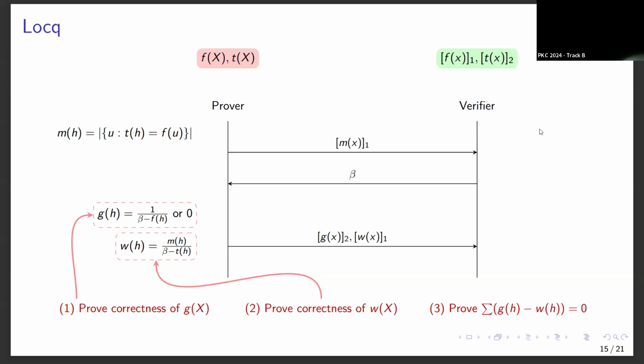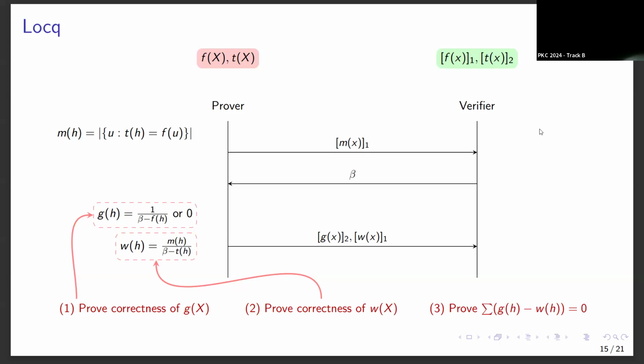So that's the same as CQ. And next, the prover computes the two polynomials as defined before and sends their commitments to the verifier. This is also similar to CQ, except that here the definition of g(x) has been changed.